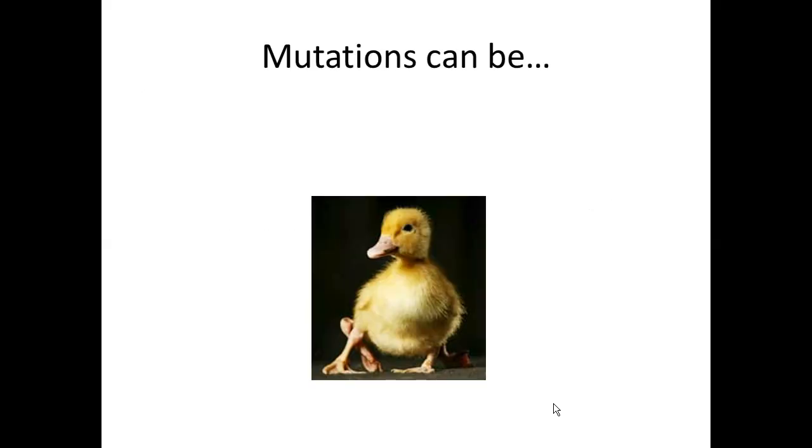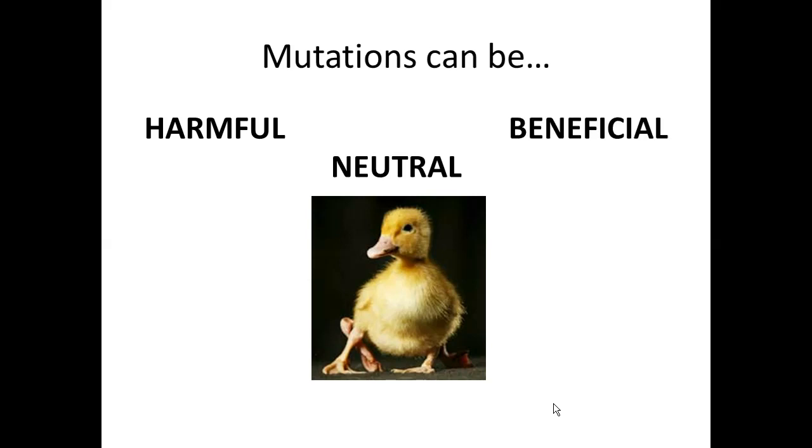A mutation can be harmful, meaning it could cause a disorder in an individual; neutral, meaning it won't cause any change to that individual; or beneficial, meaning it will give a sort of advantage to the individual.